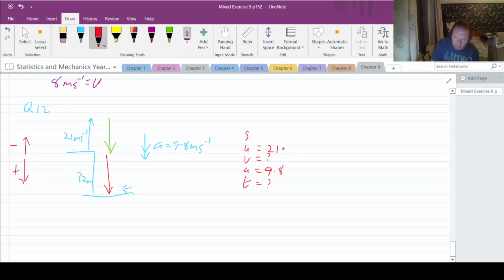It's going to be 21 meters a second, because by the time the stone flies up and comes back down, it will have accelerated back to 21 meters a second by the time it passes here, and my distance is 32 meters for this one. So I want final velocity. I'm looking for the equation without time, so I've got v squared equals u squared plus 2as.